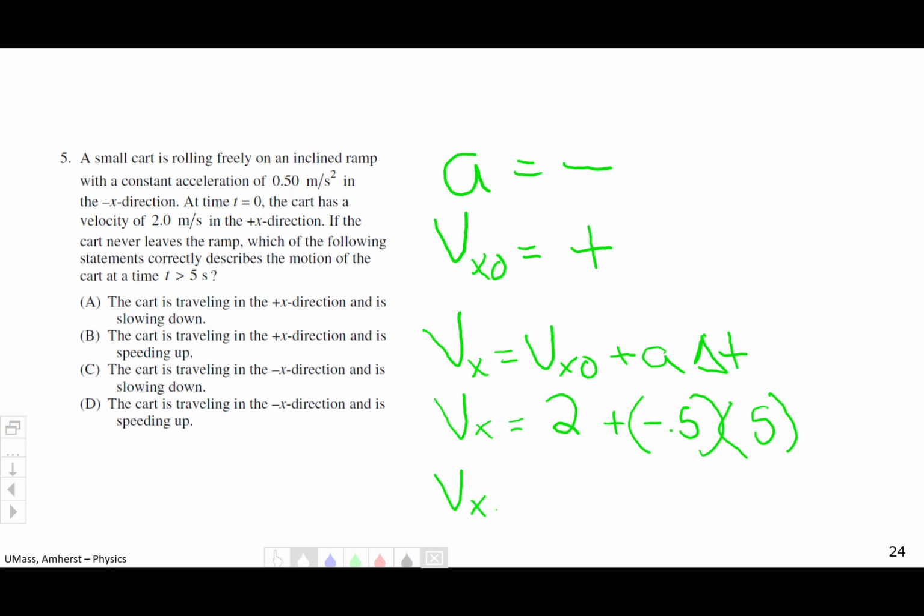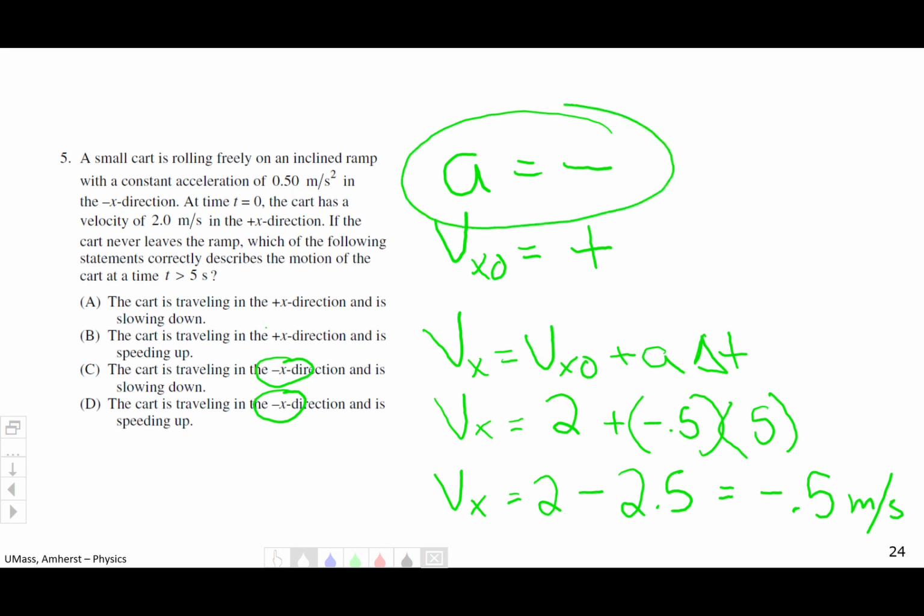So Vx equals 2 minus 2.5, giving us a negative 0.5 meters per second. So what does that tell us? That means that the cart is traveling in the negative x direction. If it is traveling in the negative x direction with a negative acceleration, that means D, the cart is traveling in the negative x direction and is speeding up.